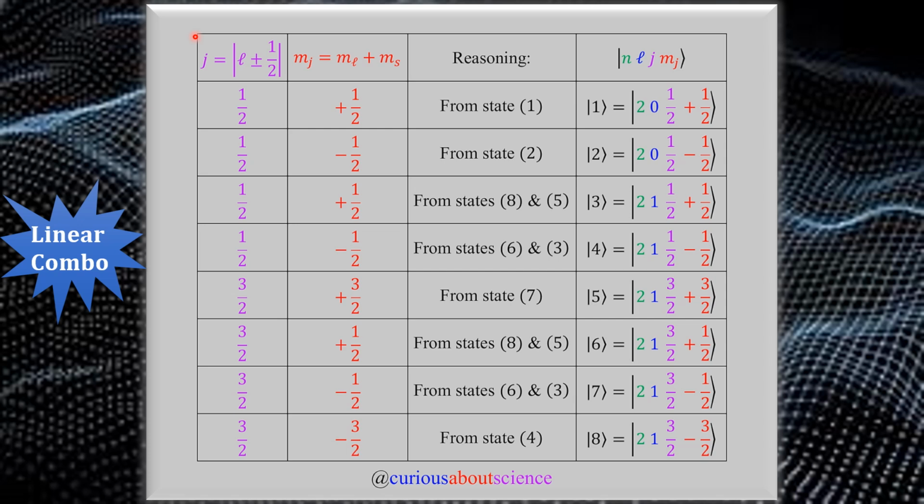With these, we can find what M sub j is, which is the plus or minus of the j's, like the magnetic number ml, which was plus or minus L in a set moving by integers. Or we could just add up the angular momentum magnetic number and the magnetic spin number, and we see that we get the red column here. The way we combine them, I give the reason for here.